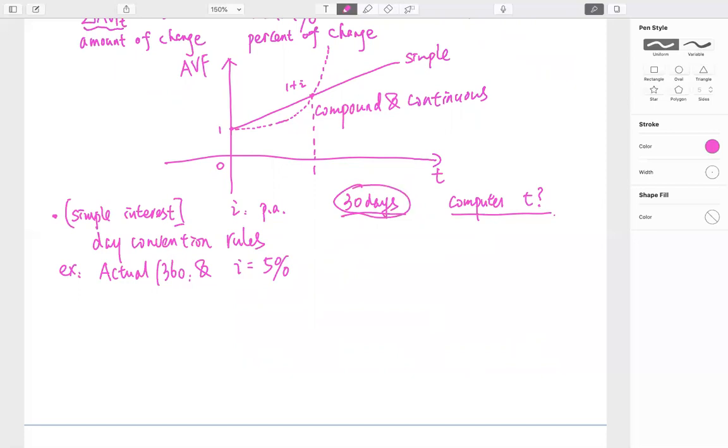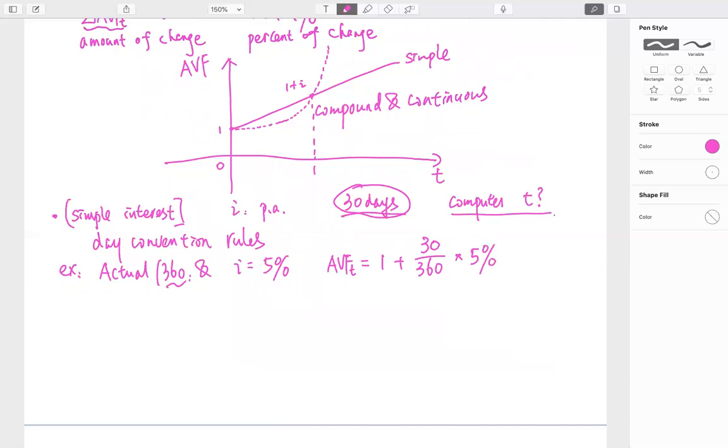So in order to calculate this, my AVF at t will be 1 plus t, where t is calculated as the actual number of days, in this example 30, divided by the denominator 360. And I know my annual interest rate is 5%.